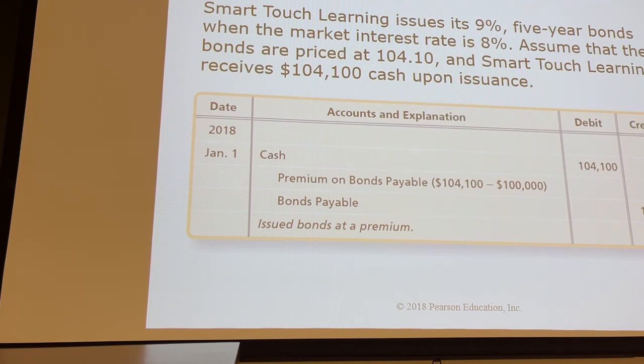$104,100. So for our journal entry, we debit cash $104,100. And then we have two accounts that we credit. We credit premium on bonds payable $4,100, and we credit bonds payable $100,000.